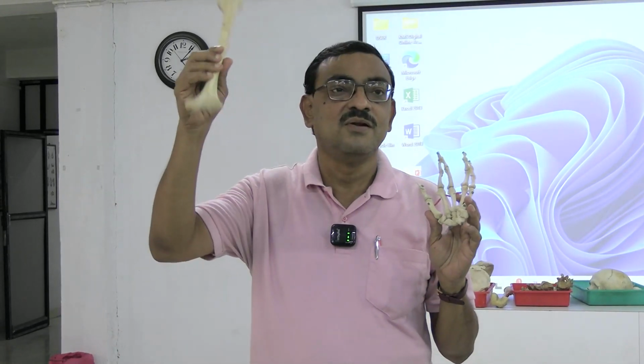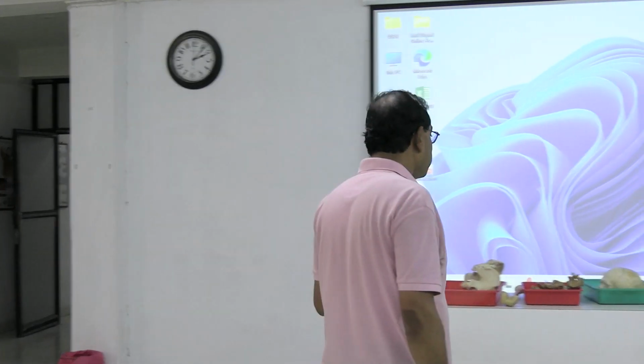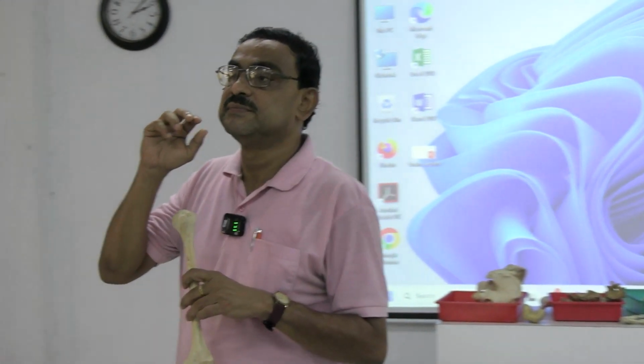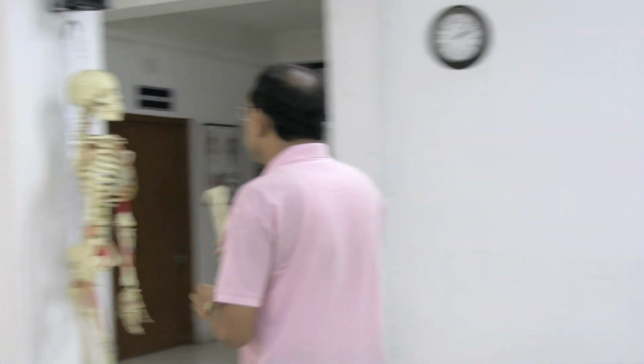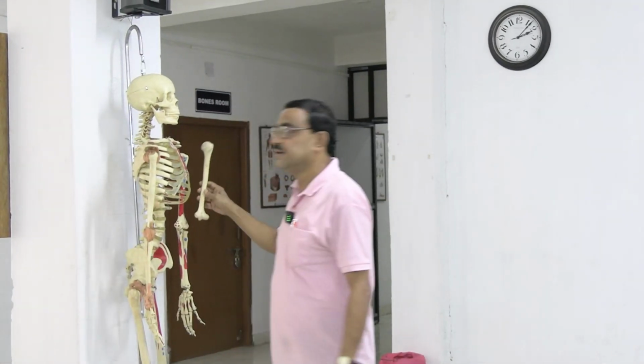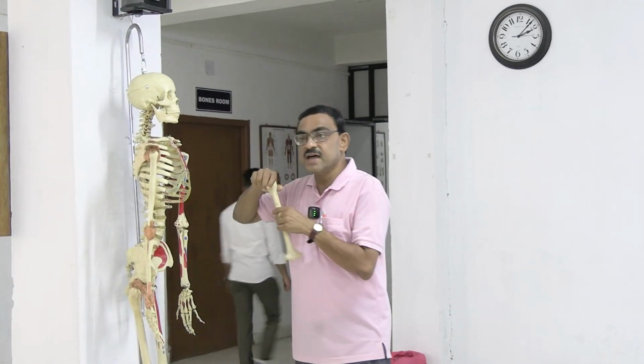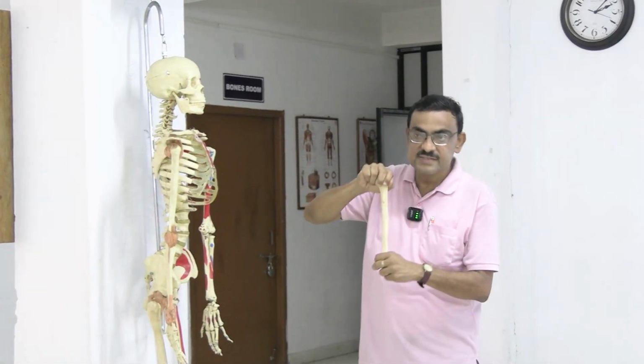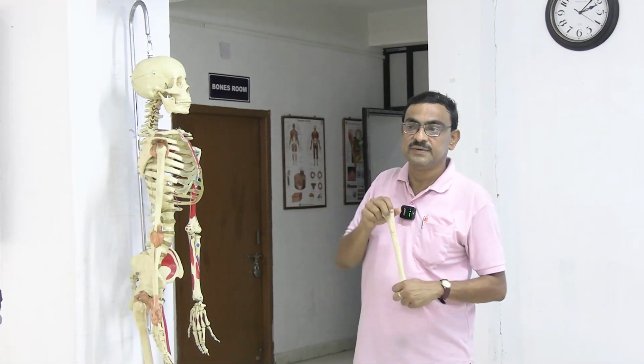In this long bone, we get some peculiarity. Here we get some ends: this is the upper end and this is the lower end.